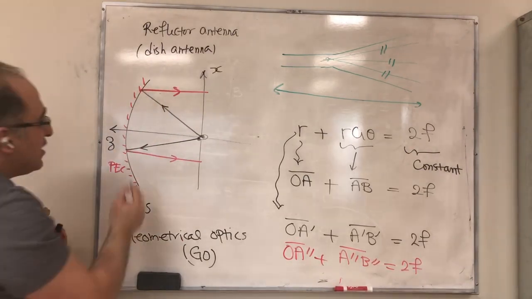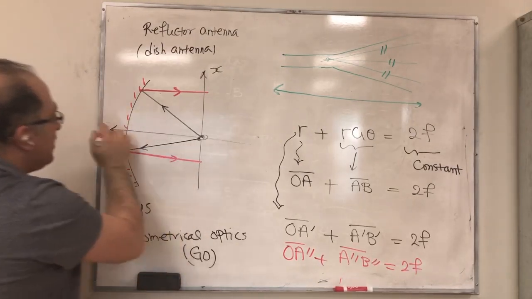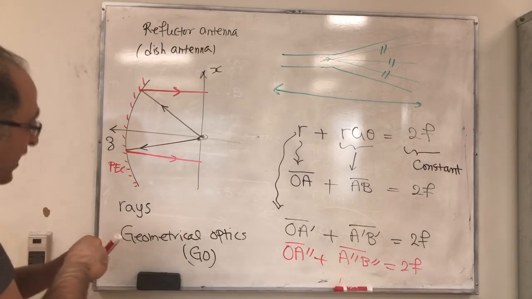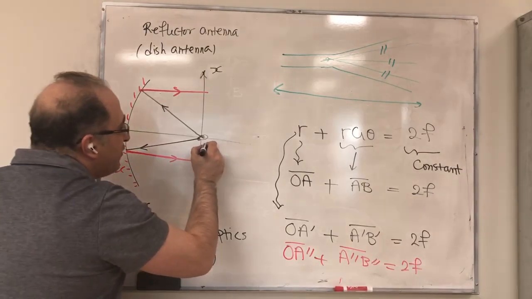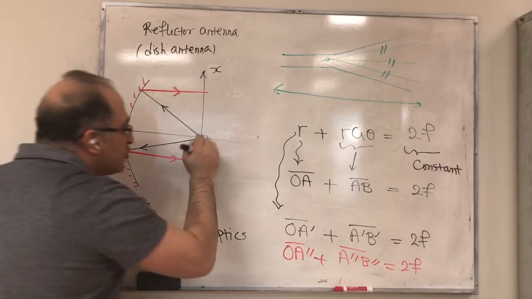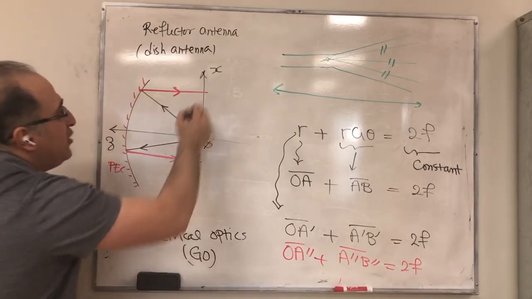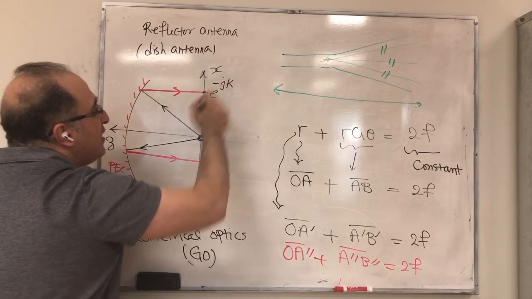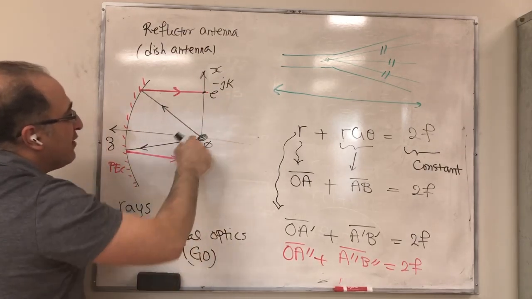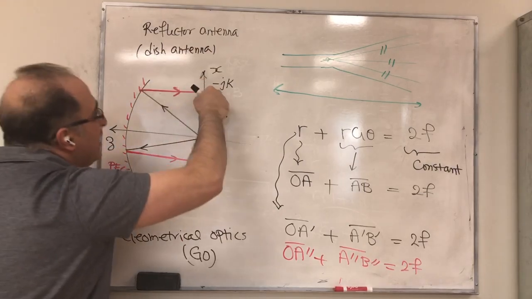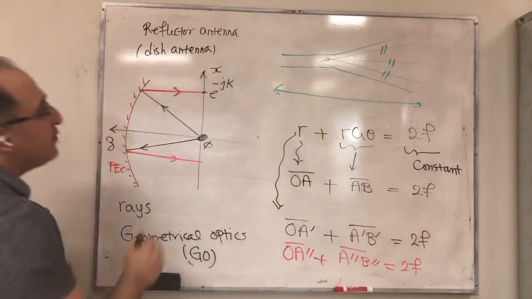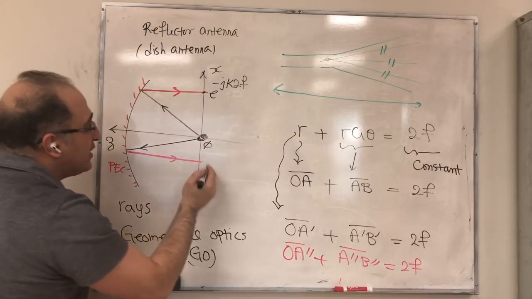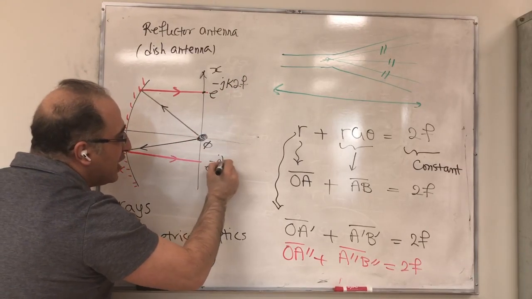If it reflects in a way that the reflection is parallel to the z-axis, you get something quite amazing: if you start, for example, with the phase of 0 here, when you arrive here, the phase would be e to the power of minus jk times the distance that you travel. What is the distance from here to here? We just showed that all of them are 2f. So 2f is the distance. And amazingly, for this one it is also minus jk 2f.